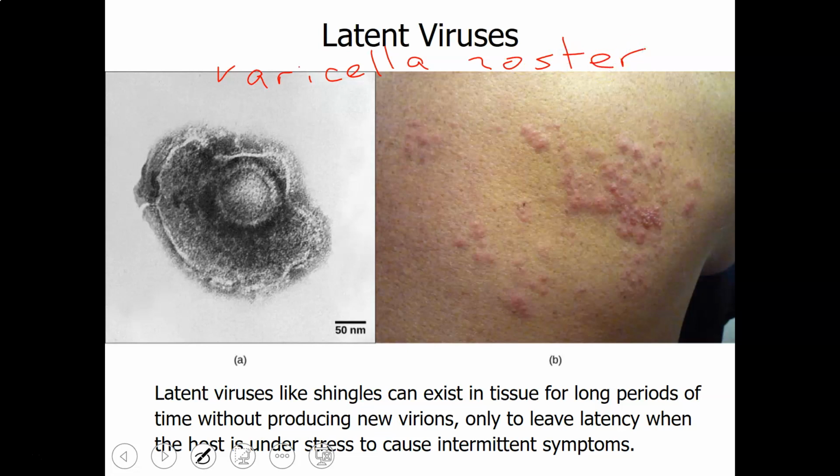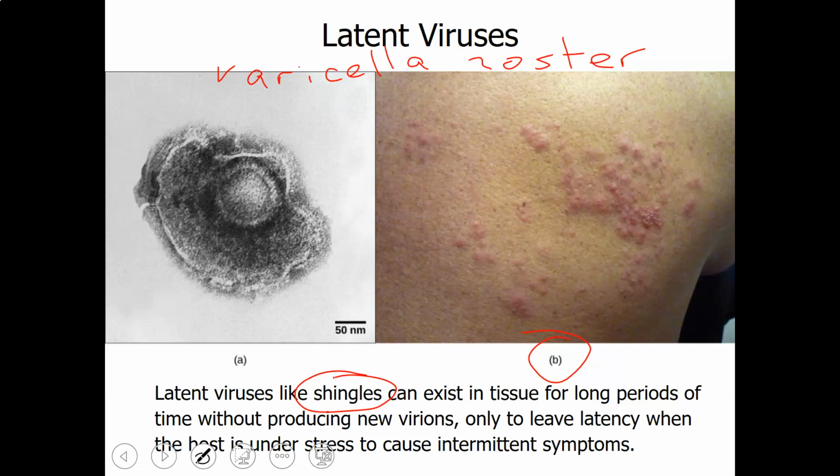The varicella zoster virus is the one that causes chicken pox, and that virus can remain latent in the host cells, which are human cells, for long periods of time, years actually, and then some kind of stress will cause the virus to reemerge and become active. What we're looking at here in picture B is shingles, which is what happens in older people.